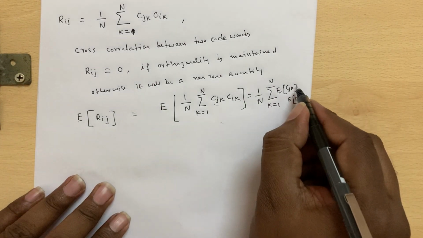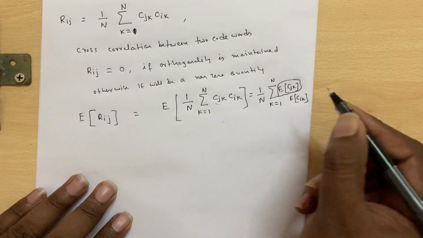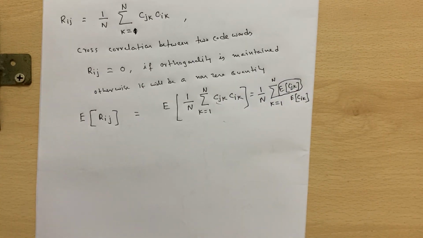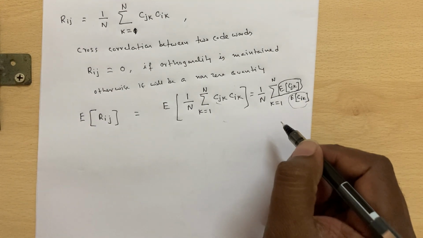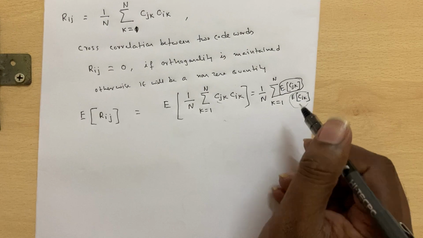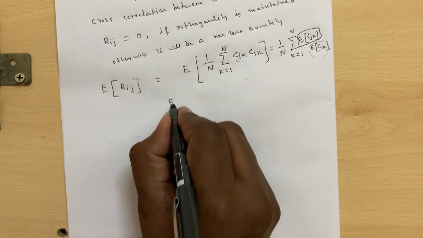Then what is the average value of one chip? This is nothing but the average value of the jth code word's kth chip, and this is the average value of the ith code word's kth chip, and the average value of one chip is actually 0. Why?